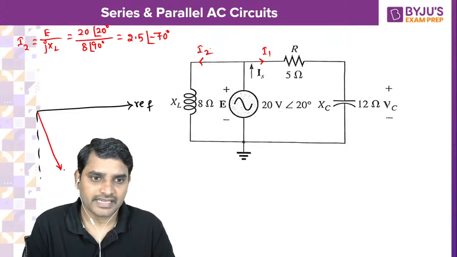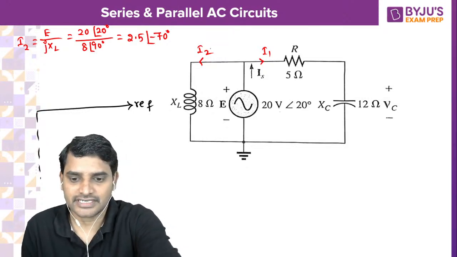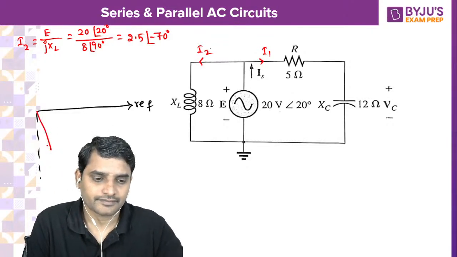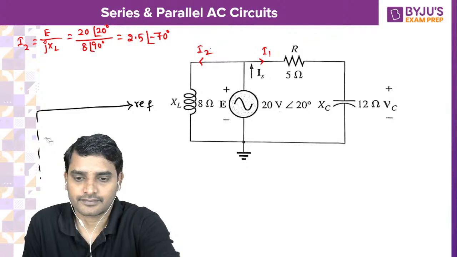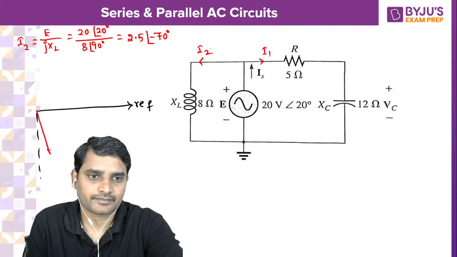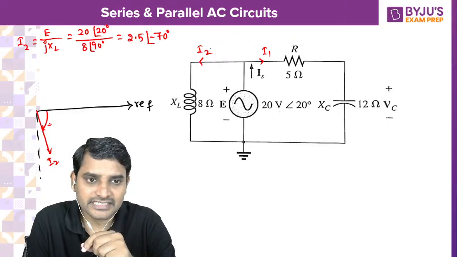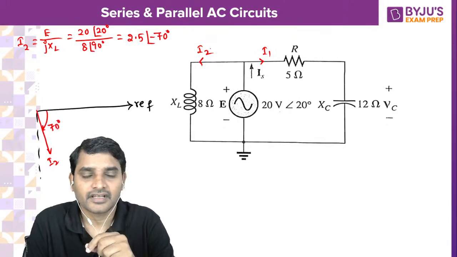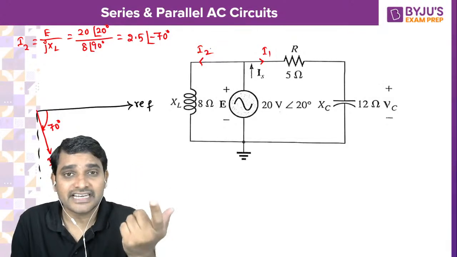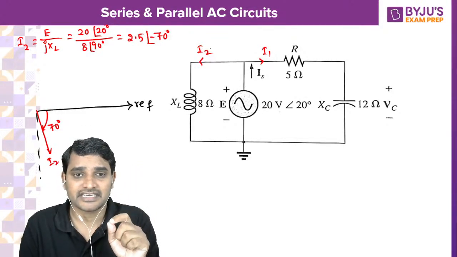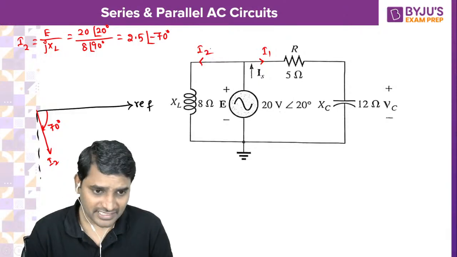So this is I2, and its magnitude is very small. There is I2. From the reference, it is 70 degrees. From the supply voltage, definitely it has to be 90 degrees, right? Current flowing through the inductor definitely lags by 90 degrees.